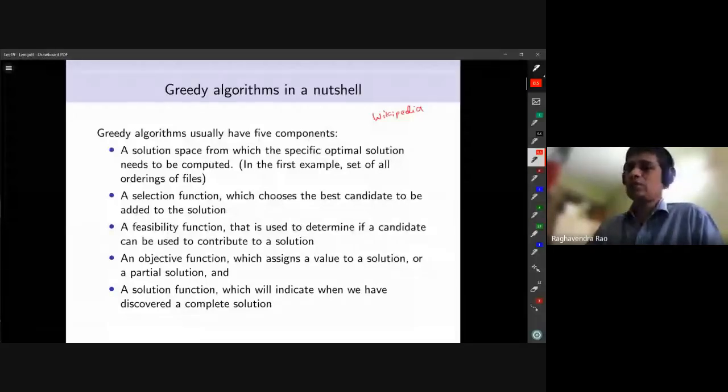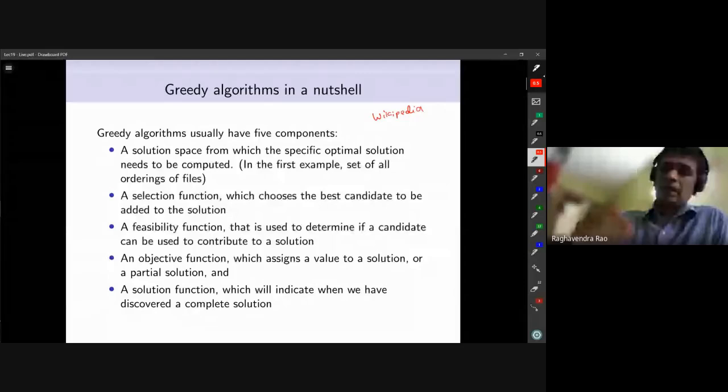In the second case, it was the next smallest one with respect to the ratio of file size and the frequency. And in the scheduling, it is the class or task with the earliest finishing time. So that is a selection function.